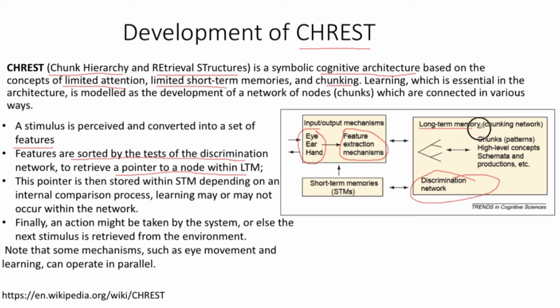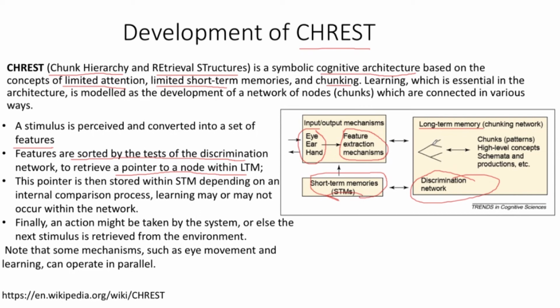From this long-term memory, they send the indicators of these long-term memories to the short-term memory. So that's what goes here to the short-term memory. The discrimination network thinks of what points you have to connect.